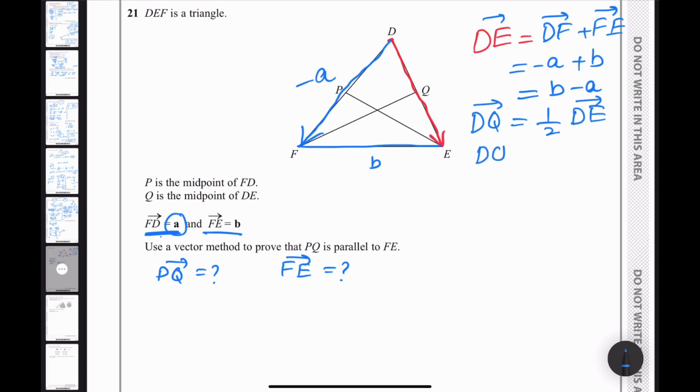Now DQ is half of DE. So DQ will become equal to half of B minus A. That is DQ.